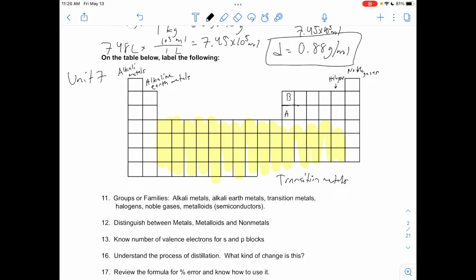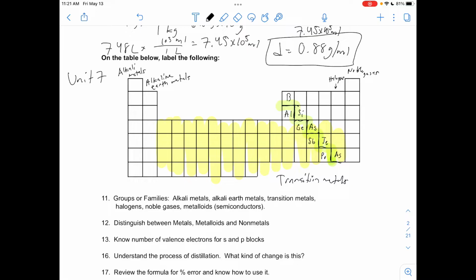Boron, aluminum, silicon, germanium, arsenic, antimony, tellurium, polonium, astatine. Okay, so anything touching this staircase on your periodic table, they sometimes are metals, sometimes they're not metals.